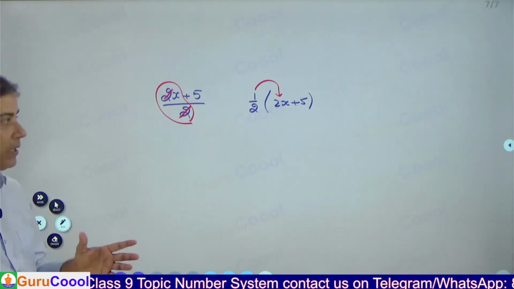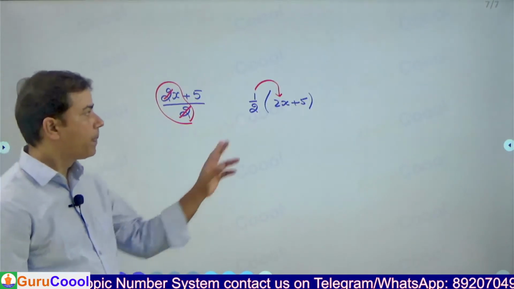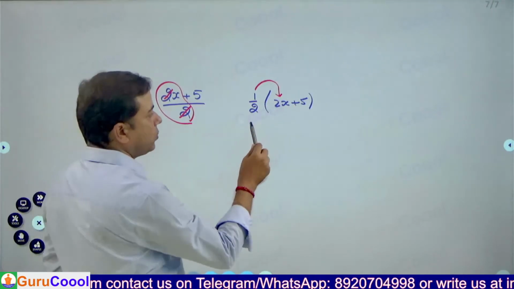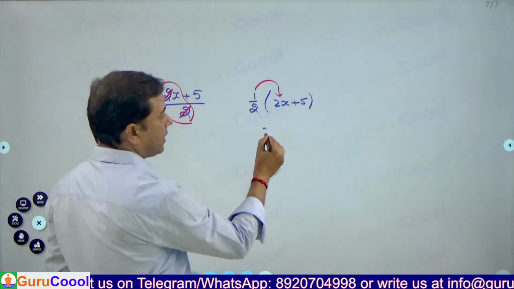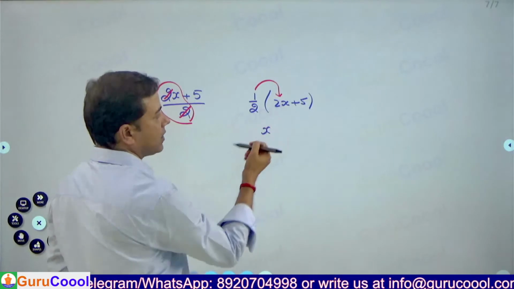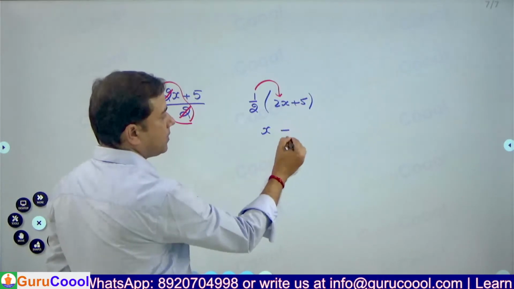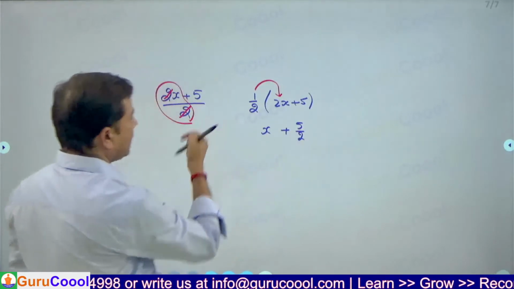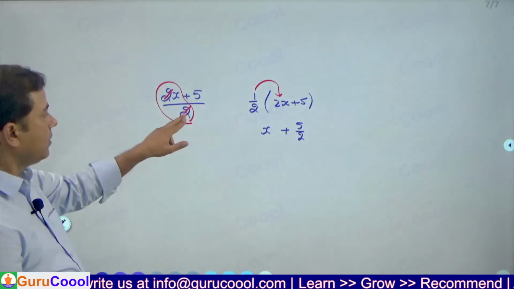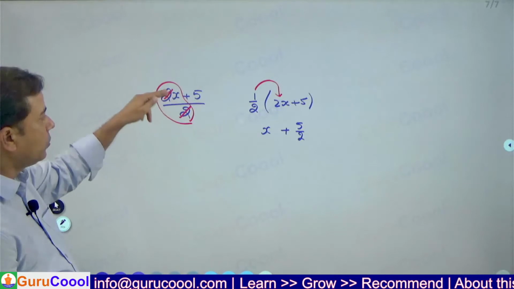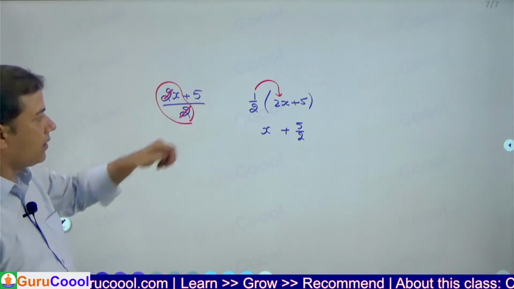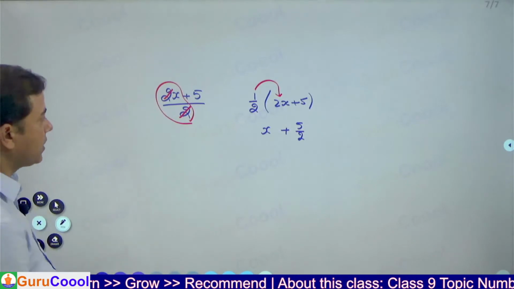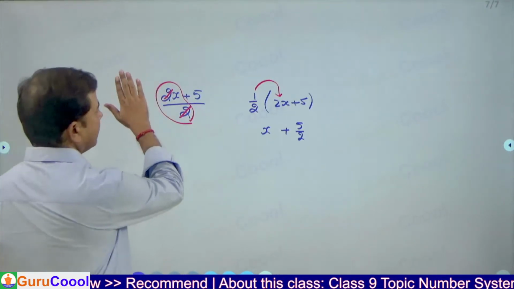See the treatment you are giving. If 1 by 2 is multiplied inside, it will be multiplied with the first term, that will give x only because 2 cancels in the first. Then plus comes and 1 by 2 times 5 is 5 by 2. But in this case, you are treating division by 2 with only the first term, not with the second term. Did you not find the mistake? Yes.